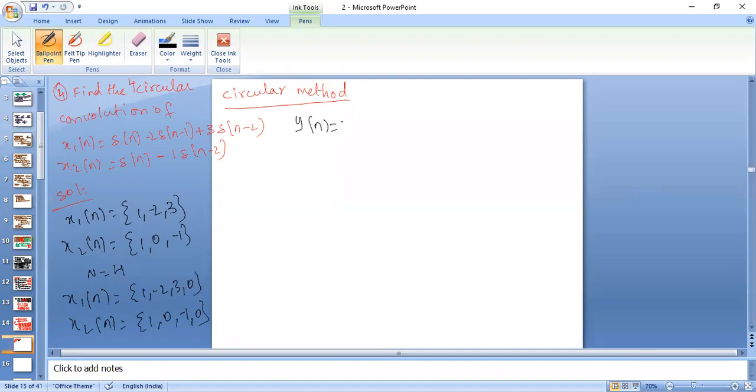So y of n is equal to sigma m is equal to 0 to N minus 1 x1 of m into x2 of (n minus m) mod N. Let us substitute the values here. So sigma m is equal to 0 to 3 x1 of m into x2 of (n minus m) mod 4.